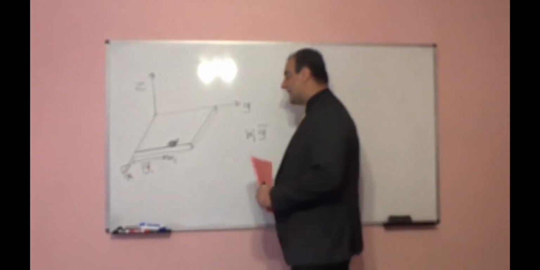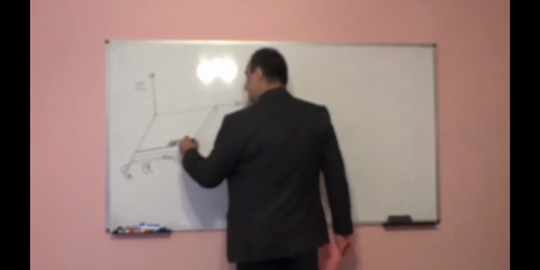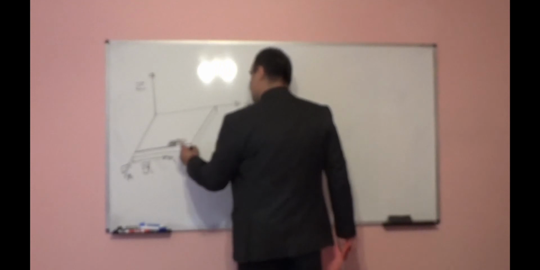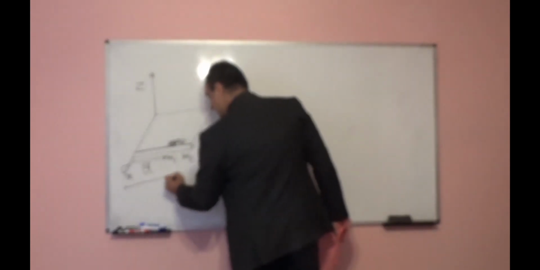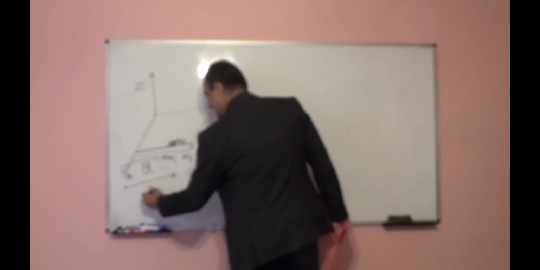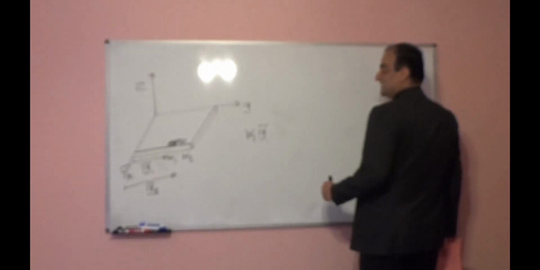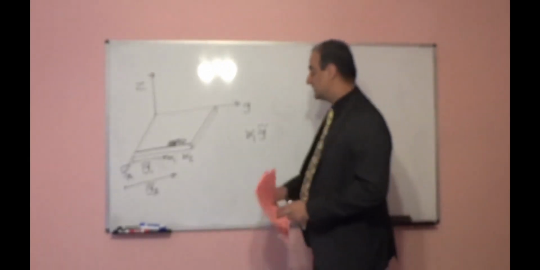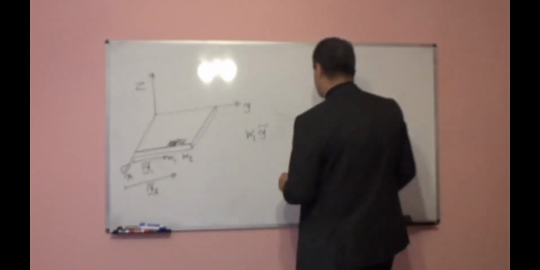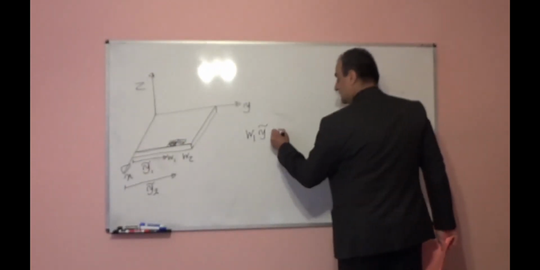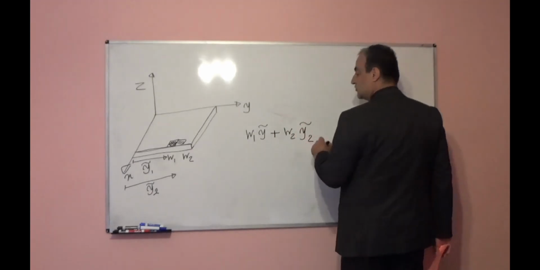If I assume another small element, whose weight is W2, and the distance from x-axis is again y tilde 2, in that case the moment for this segment with respect to x-axis will be W2 times y tilde 2.